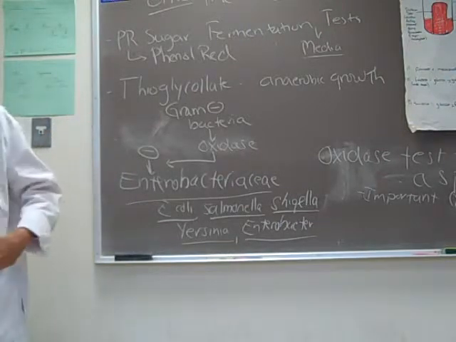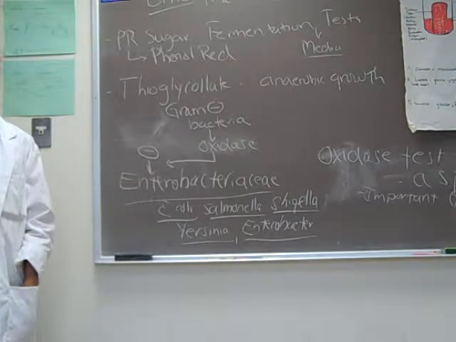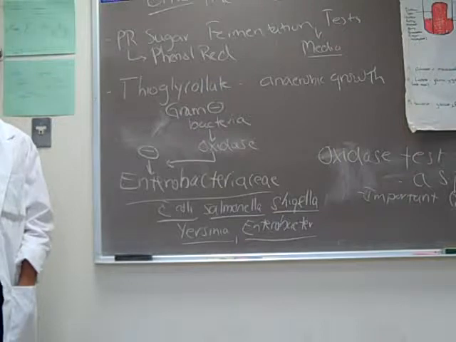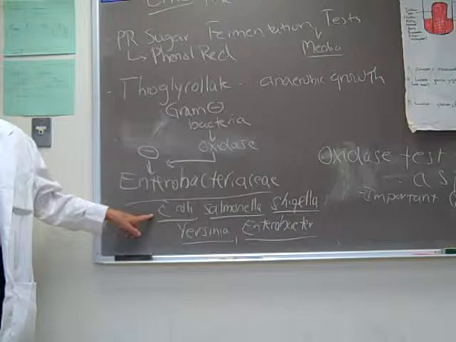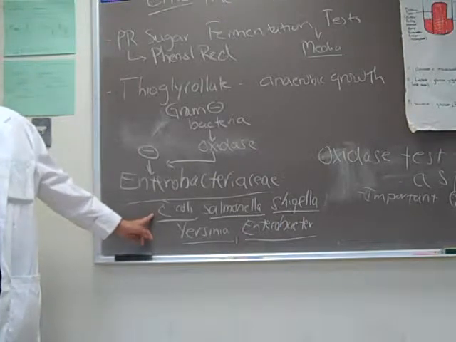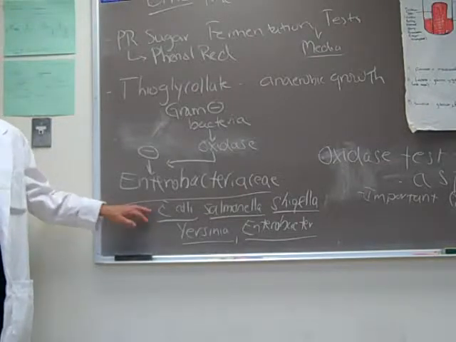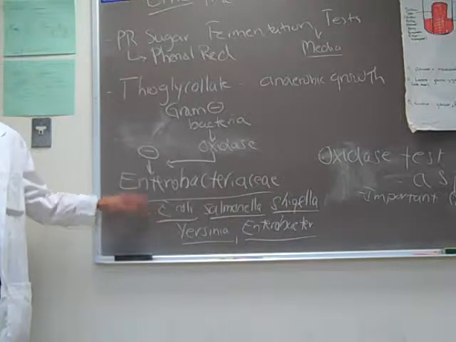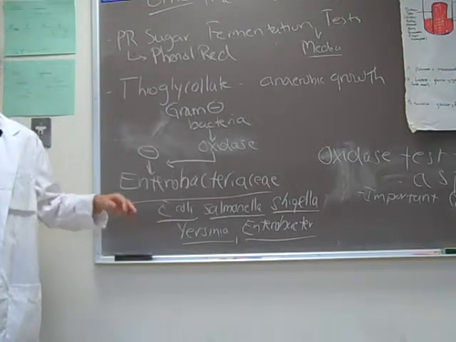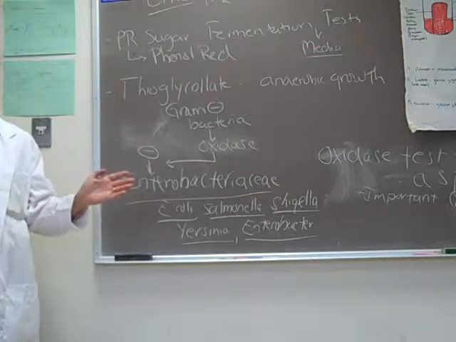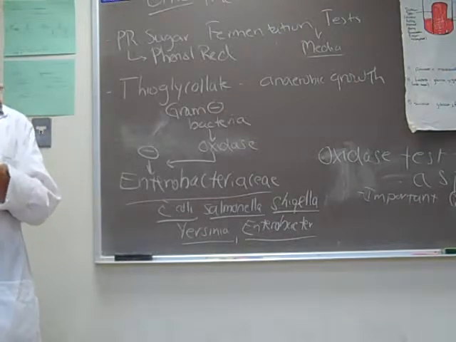Now this is misleading, you guys, because you might think, oh, they're oxidase negative, that means they don't have an electron transport chain. But is that true? What do you know about E. coli? Wow, does it have electron transport chains, right? Because we know that E. coli is a facultative anaerobe. If oxygen is present, it carries out aerobic respiration using one kind of electron transport chain. If oxygen isn't present, but say nitrate is present, it can switch over to anaerobic respiration, and it has a different electron transport chain for anaerobic respiration.